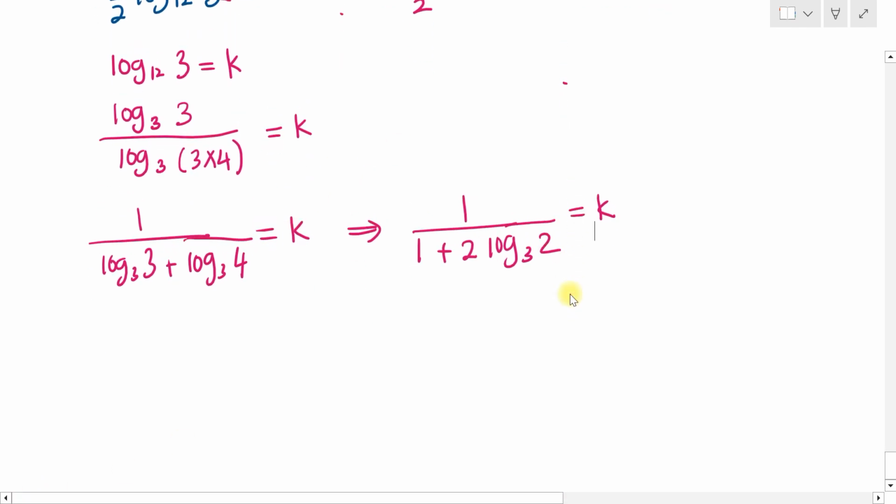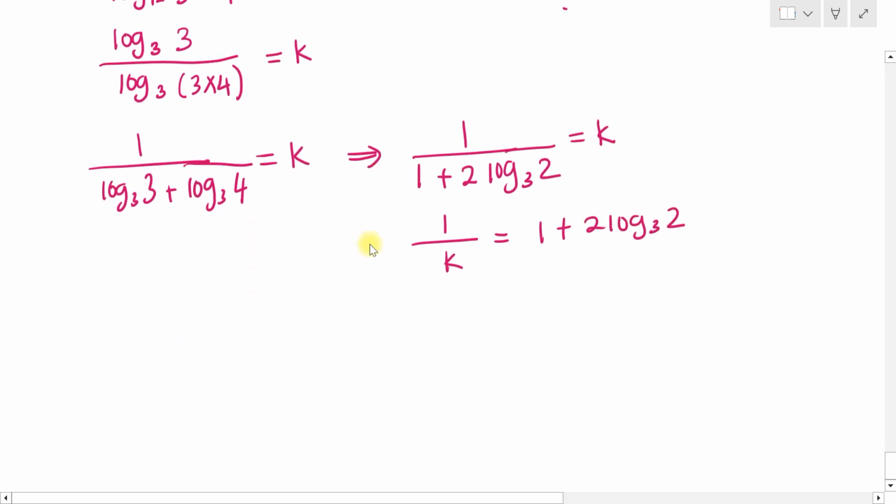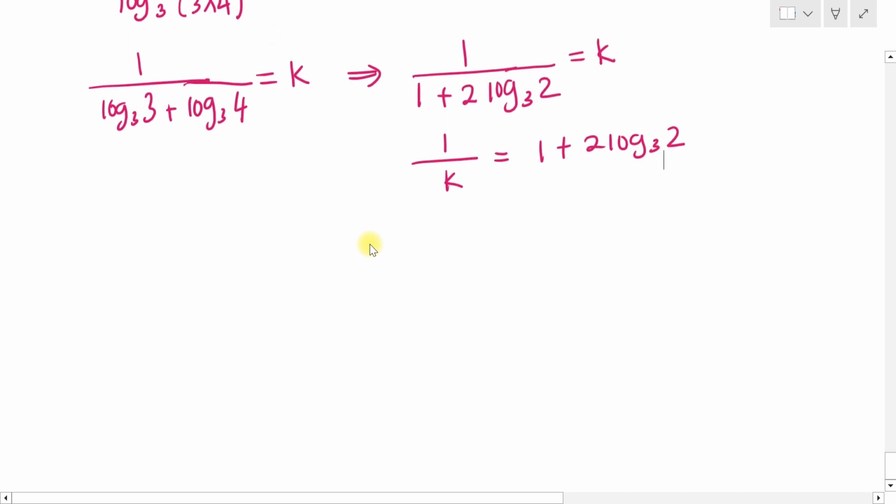Okay, and how I can transform this? I want the log 3 2. It is very important for me to get the log 3 2. So 1 over k is equal to 1 plus 2 log 3 2, and then okay, I continue here.